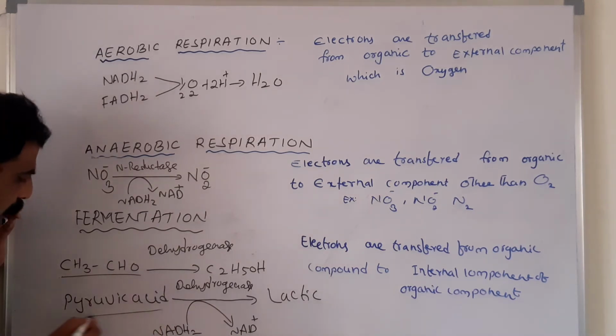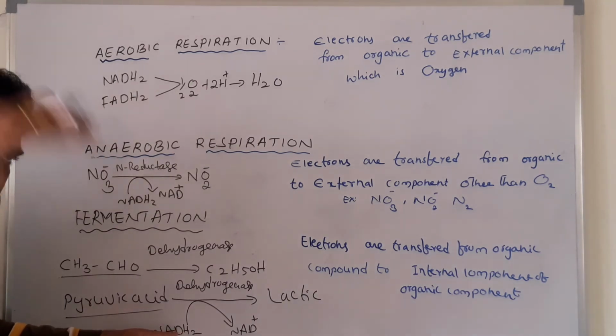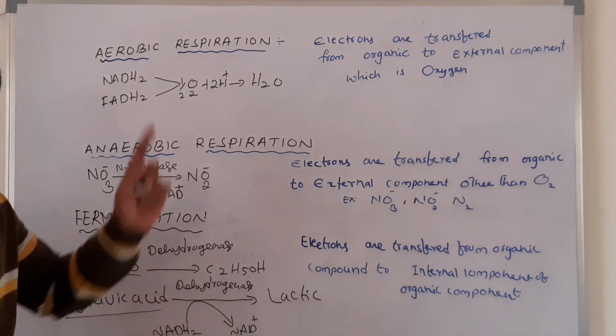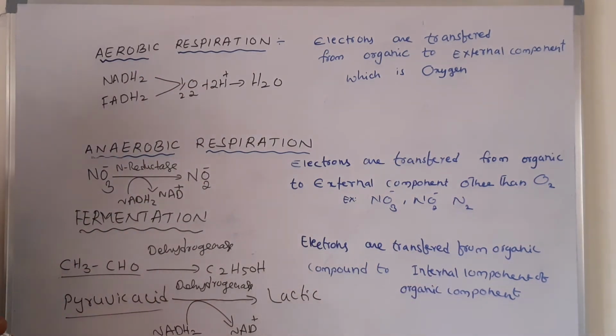So pyruvic acid is an organic compound, and it received electrons from glyceraldehyde 3-phosphate, which is also an organic compound. In this case also electrons are transferred from organic to organic. That is why it is fermentation.